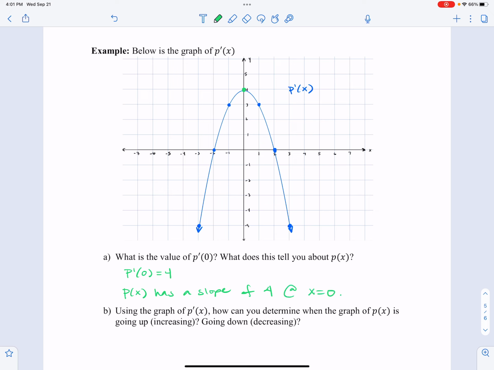Or you could say something like the slope of the tangent line on the graph of p of x is 4 at x equals 0. The slope of the tangent line corresponds to the slope of the graph.